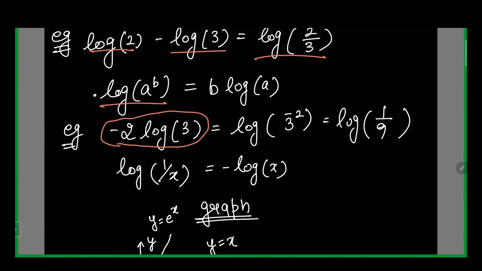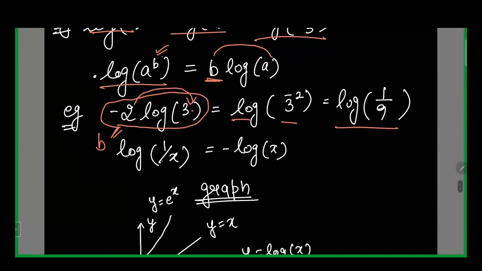I can take this B inside and make it a power. So if I make minus 2 as power, I will get log of 3 raised to minus 2, or I will get a log of 1 by 9. So minus 2 log 3 is equivalent to log 1 by 9.